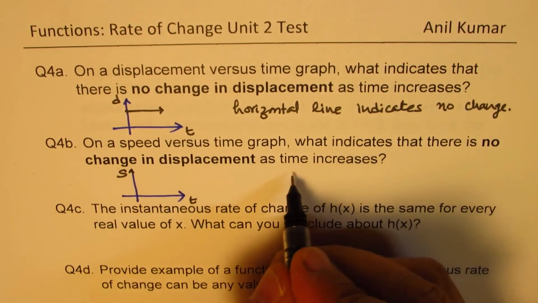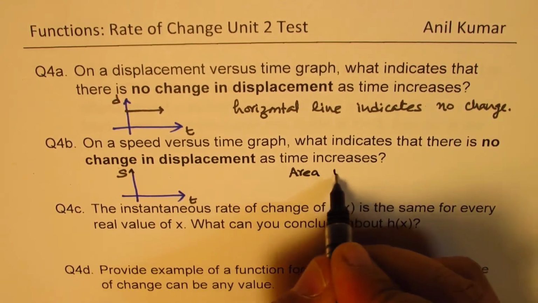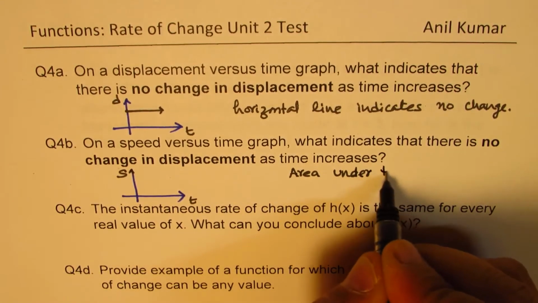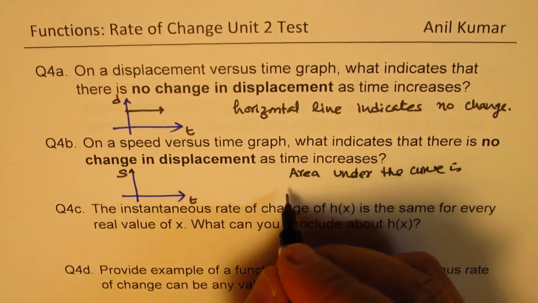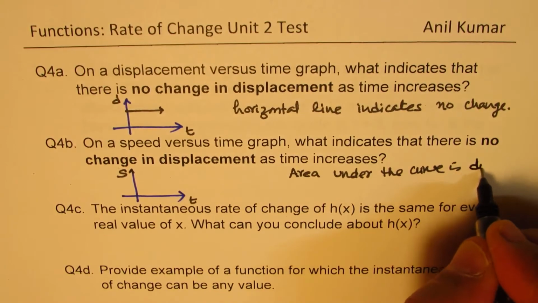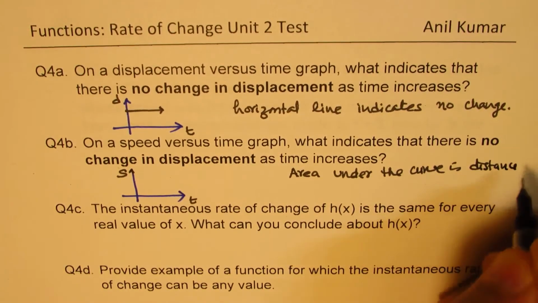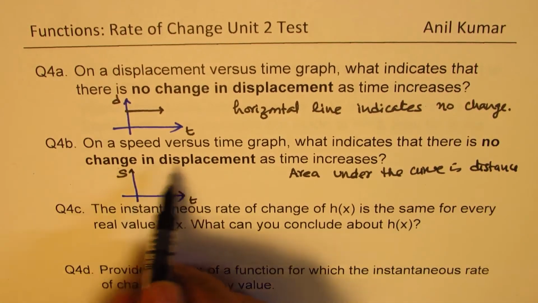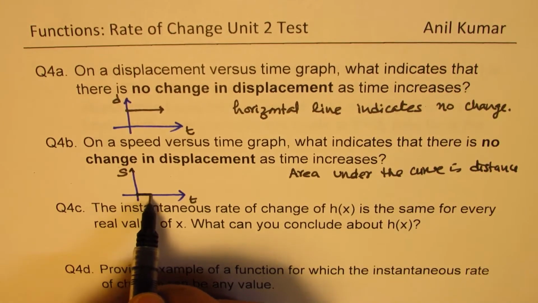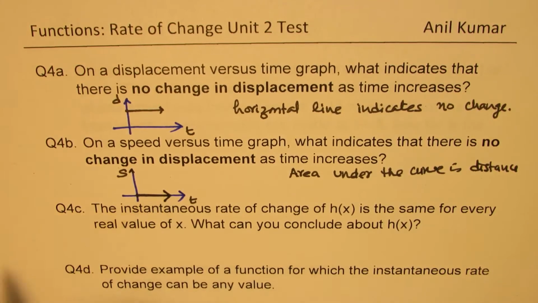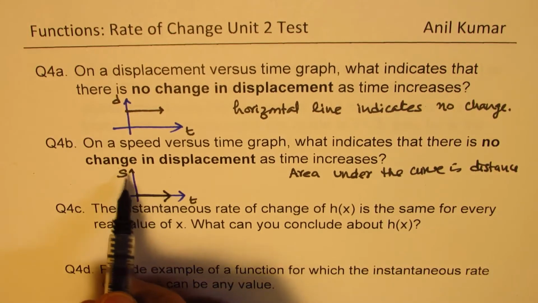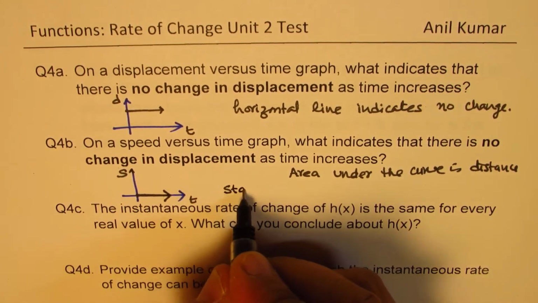Now here, area under the curve is distance, right? Anyway, we're talking about displacement, and therefore that should be a horizontal line along speed equals 0, right? That is kind of important. Standstill, right?